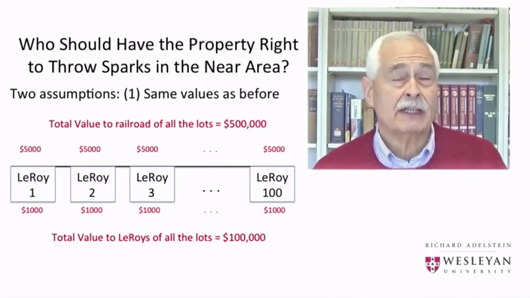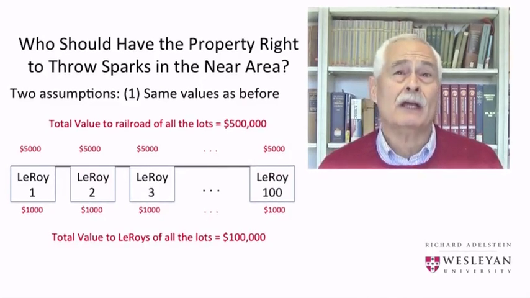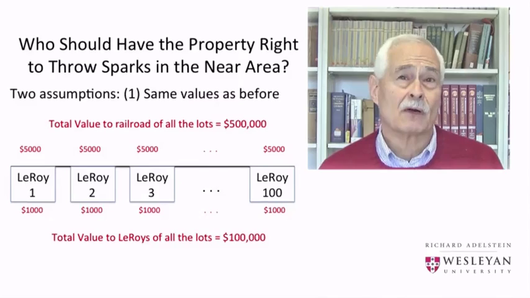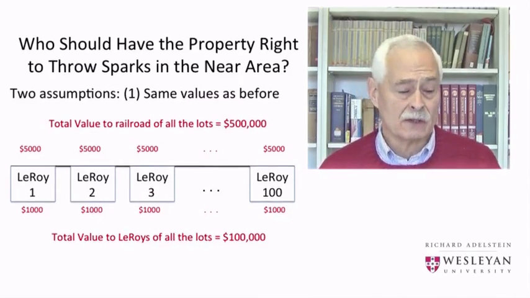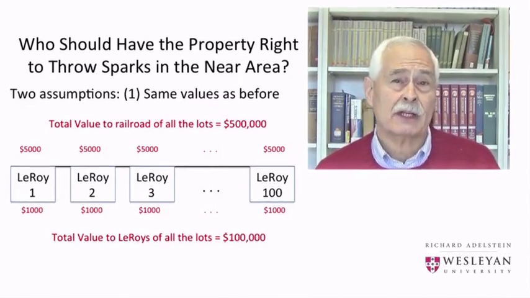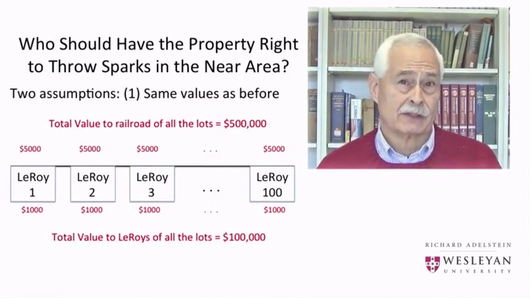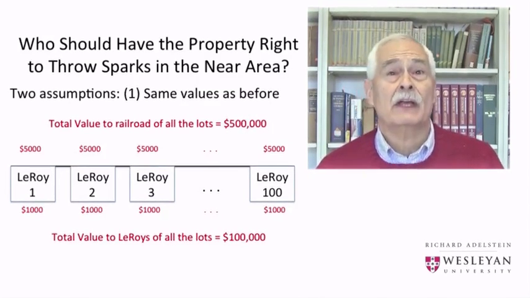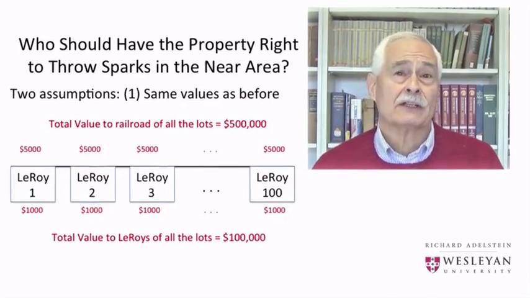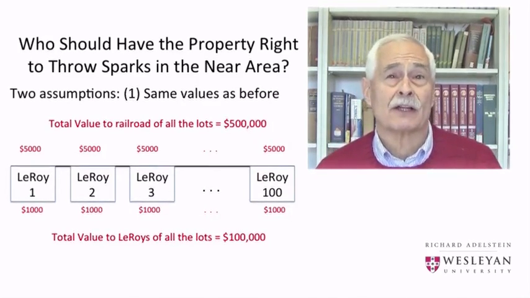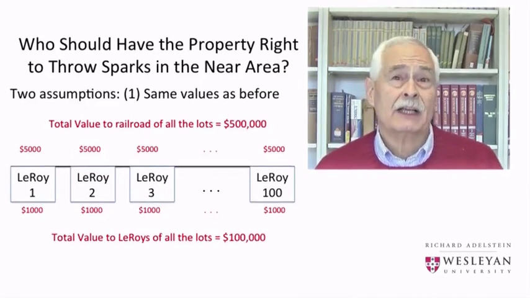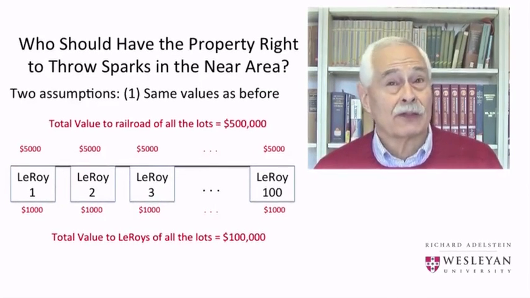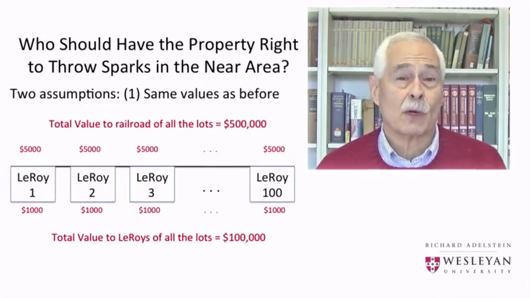So, as you can see, the total value to the railroad of having the property right to throw sparks in all 100 of the LeRoy yards is $500,000, and the total value of the property rights to the LeRoy companies taken together is $100,000, and thus, obviously, the railroad is the higher valuing owner of all of these rights, and if bargaining were free, it would get those rights through transactions with the LeRoy companies one at a time. Let's, however, make a second assumption which really adds the complicating feature to the problem.